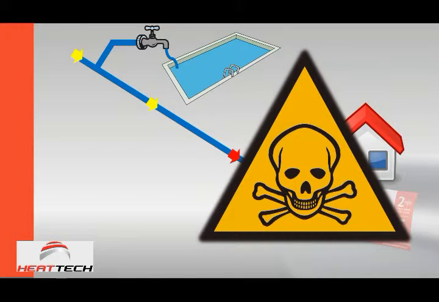And I don't have to say that, but I think that's a clear example of contamination, of a potential health hazard. Now, yes, we can argue swimming pool water, what other types of contamination could happen.